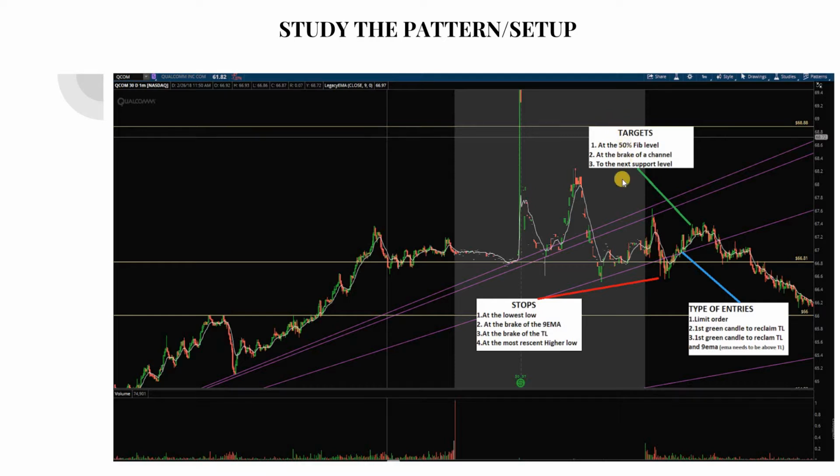It's the 1 minute chart, and the first thing that I do is I already have an idea of a level that the market tends to respect, and that is trend lines. A trend line is going to be my level.